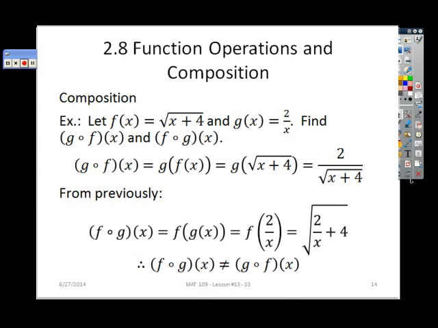Later we'll look at inverse functions. Inverse functions are the only two functions where you get the same thing no matter what order you do them in. But in general, two functions will not give you the same result if you change the order for the composition. This is the general rule: f of g of x is not equal to g of f of x.